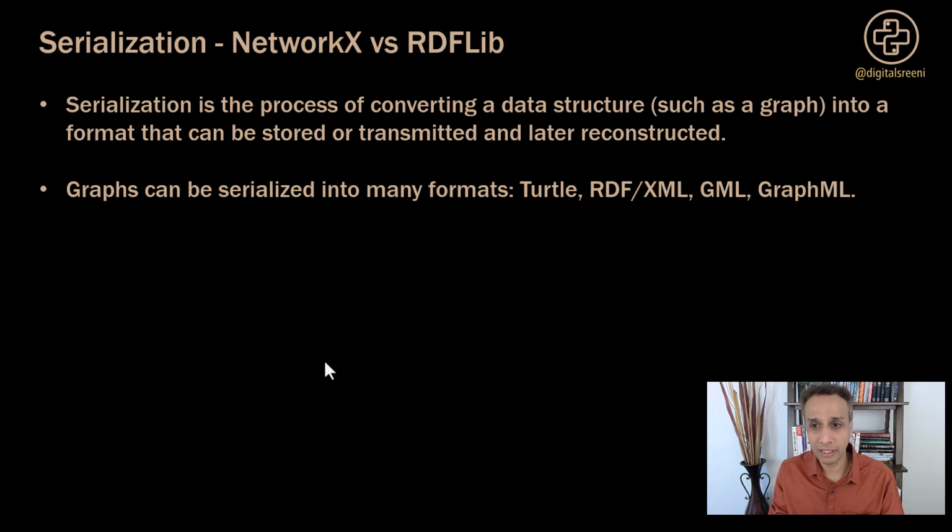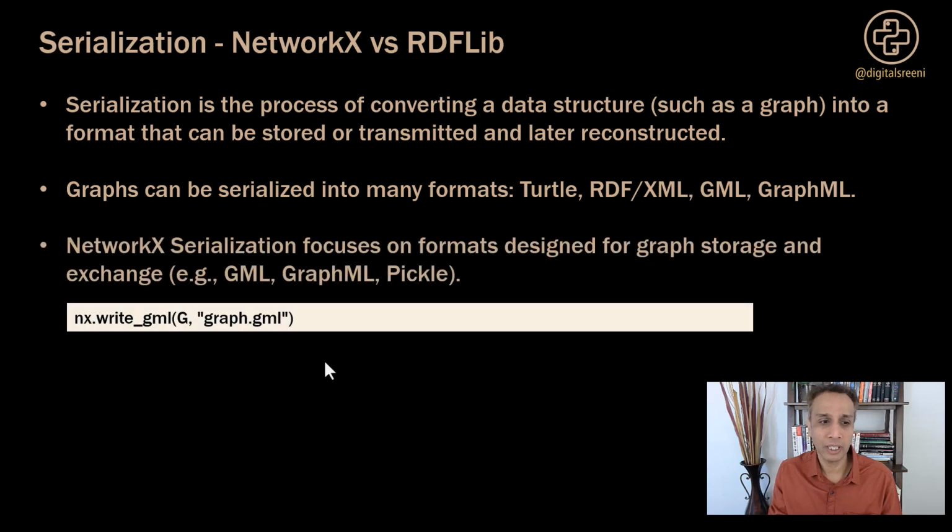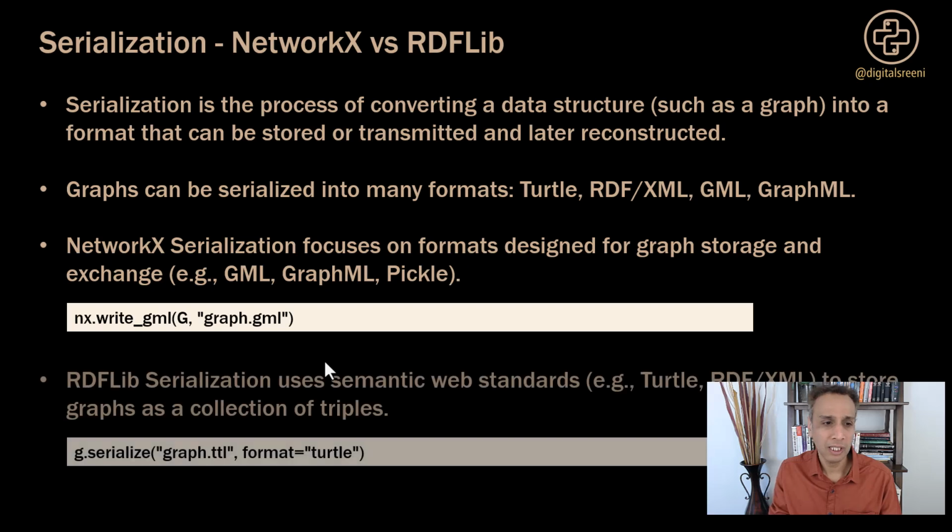Now, Turtle, RDF/XML, GML, GraphML, these are many ways of actually serializing these graphs. In NetworkX, there are certain formats that are designed for graph storage, like GML, GraphML, and Pickle. And for RDFlib serialization, Turtle is, I think, at least the most common one that uses the semantic web standards to store these graphs.